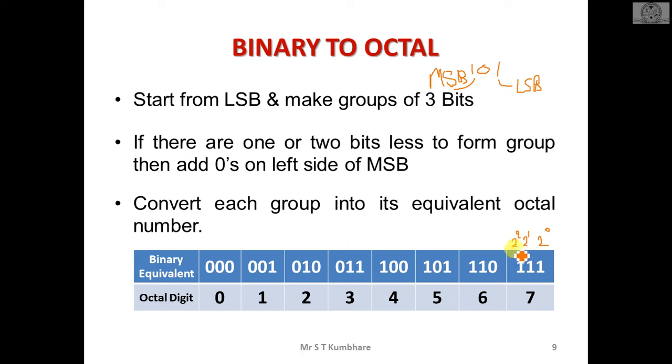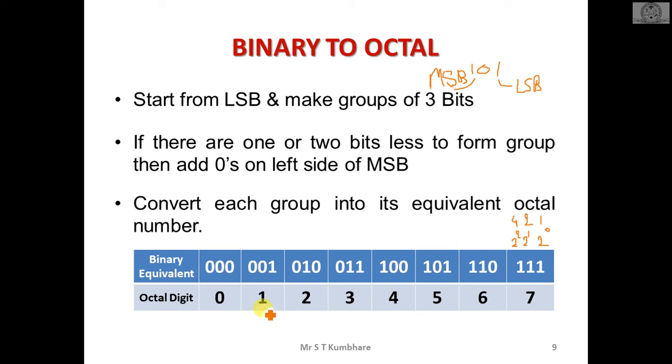We are going to need only 3 bits. 2 raised to power 2 is 4, 2 raised to power 1 is 2, and 2 raised to power 0 is 1. Now, if I want the bits for 0, if I take any of these bits as 1, I'll get more than 0. So just write down 000 because 0 into anything is 0. That's why it is mentioned as 0.